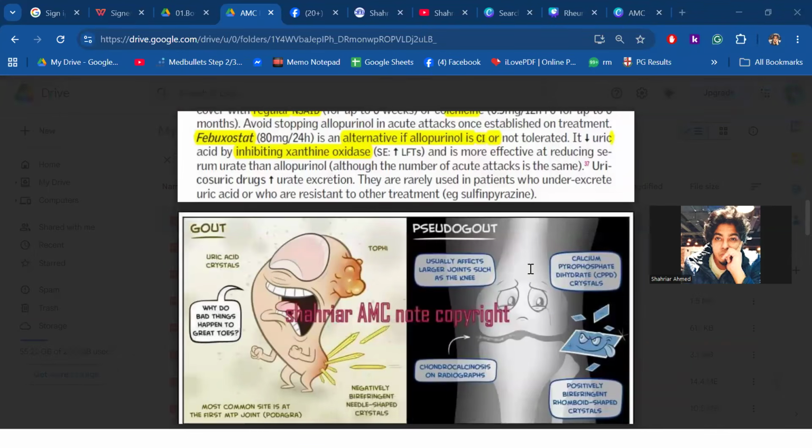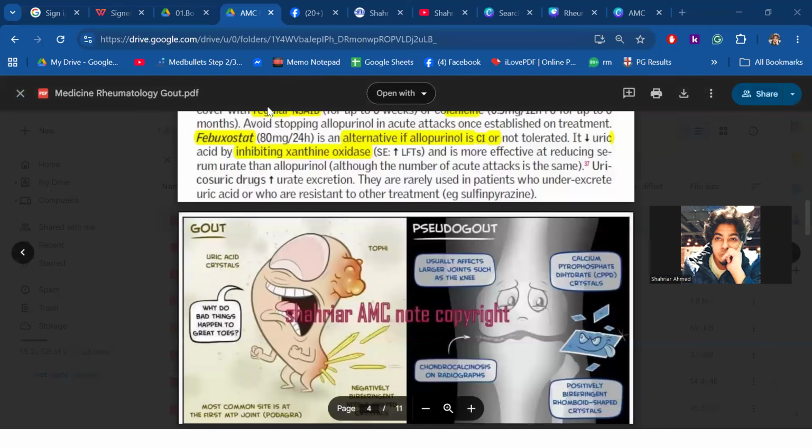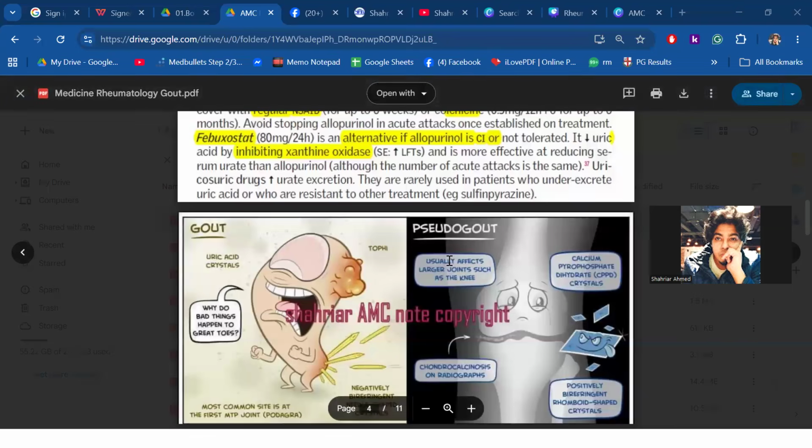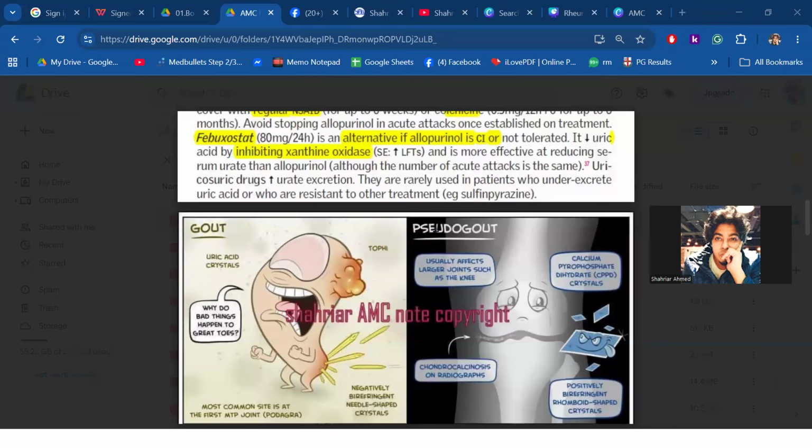Gout is something more common. Can we say in this way that it is more common in male? Yes. Whereas pseudogout is more common in female. Pseudogout is more common in case of defective joints. Pseudogout is more common above 50. Most of these cases, like gout, pseudogout, your initial treatment is NSAIDs, like indomethacin.